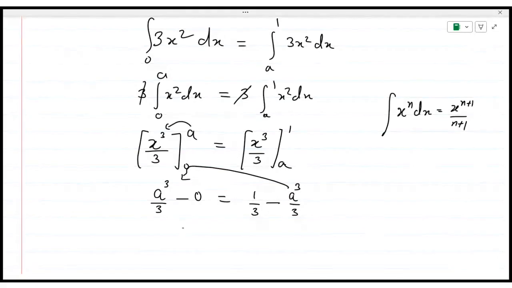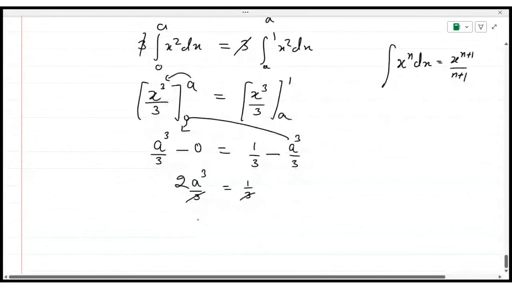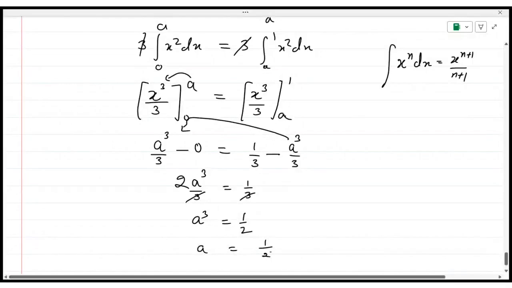So you will get 2 times a cube divided by 3 is equal to 1 by 3. This 3 cancels out. You get a cube is equal to 1 by 2, or you can say a is equal to 1 upon 2 power 1 by 3.